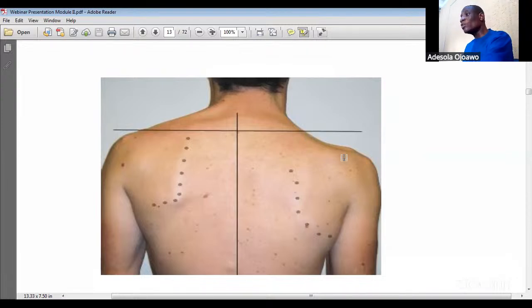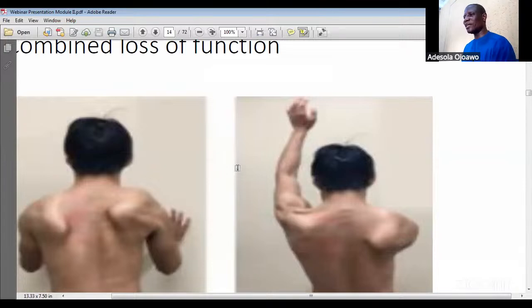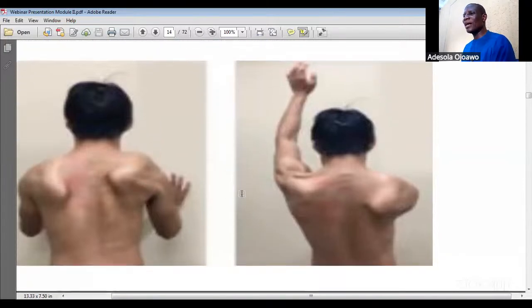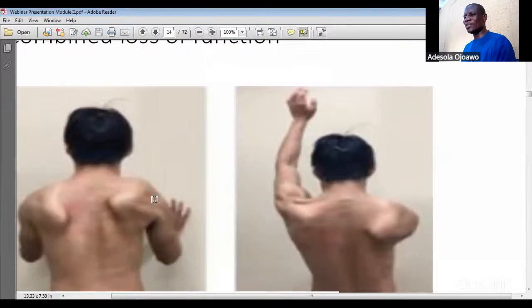When you are able to record all this, I think you are about 20 to 30% into the solution or into the problem that the patient has. So what you have to do is provide the solution, at least for the patient. You can see this again, another combined case. Look at this one, very much prominent. This one has a long thoracic problem and dyskinesia as well.